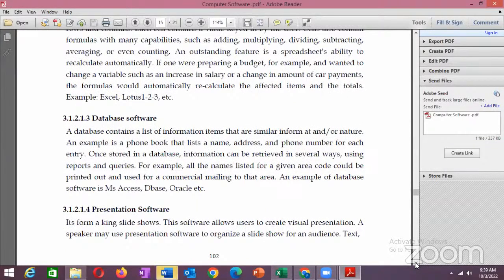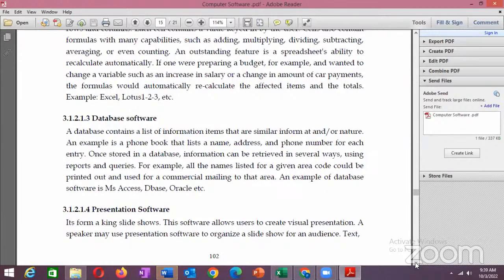Then we have what we call a database. A database contains a list of information items that are simple in form or nature. An example is a phone book that lists a name, address, and phone number for each entry.